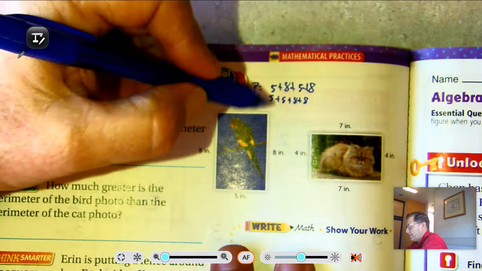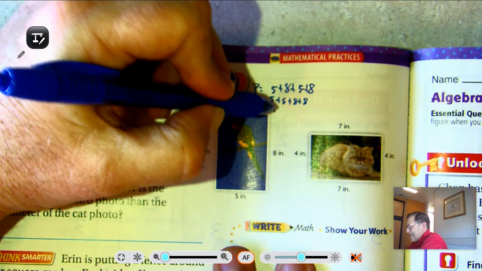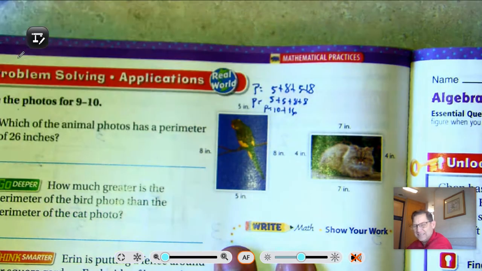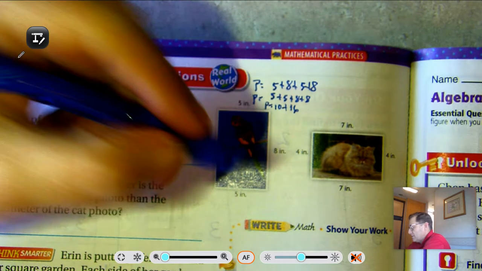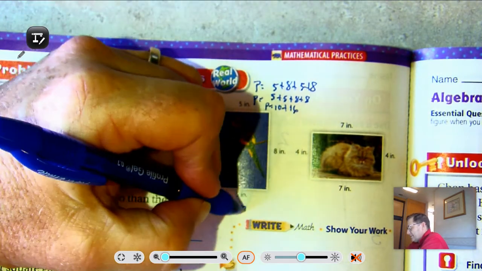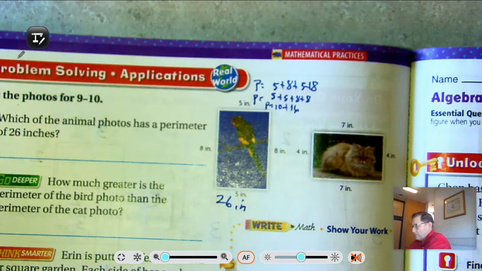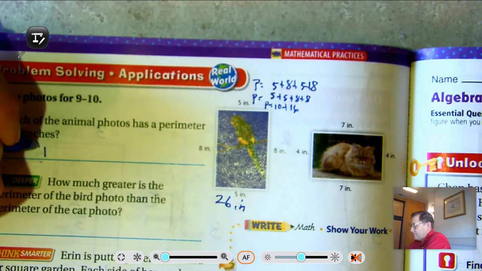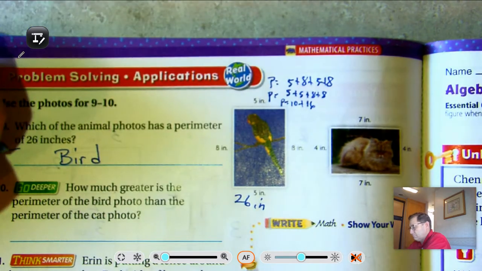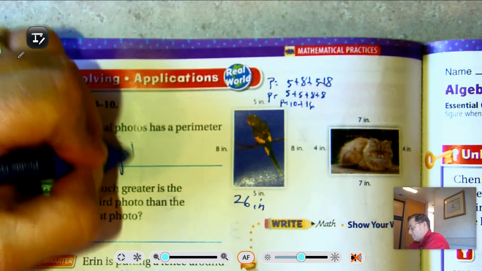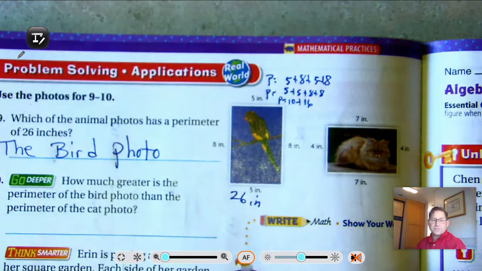Switch order of numbers. 5 and 5 is 10, and 8 and 8 is 16. So you see why I wanted to switch the numbers around and put the 5s next to each other? So this one has a perimeter of 26 inches. Okay, so what am I going to say? I'm going to say the bird photo. But let's also look at the cat.